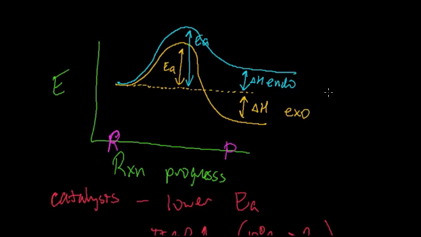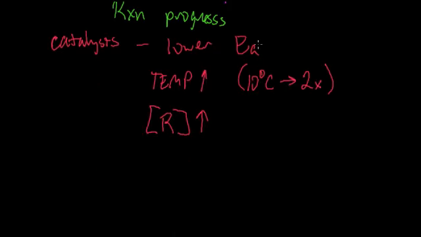It's exothermic. And then catalysis lowers the energy of activation to speed it up. Temperature speeds it up because in the energy of activation equation, it affects the rate. And if you increase the concentration of the reactants, that'll push it toward the products a lot more readily for equilibrium.